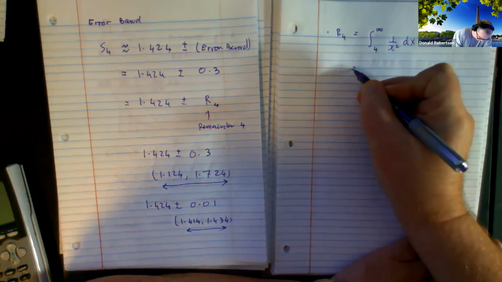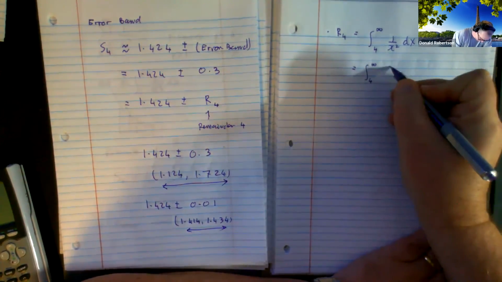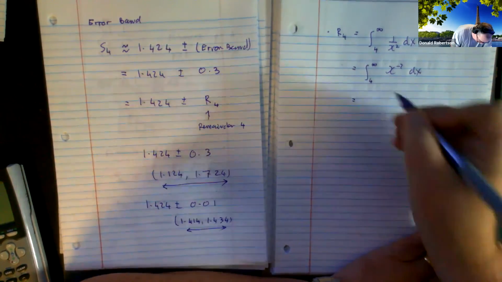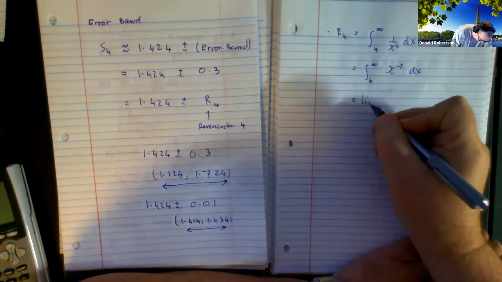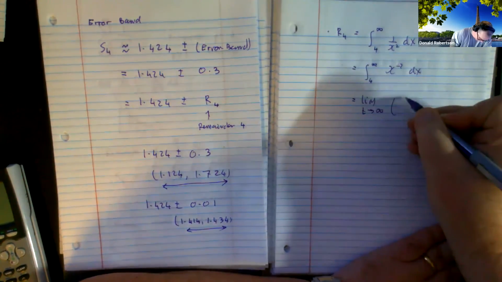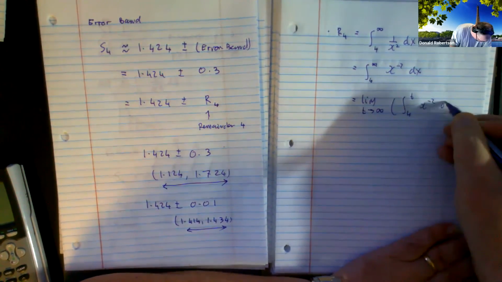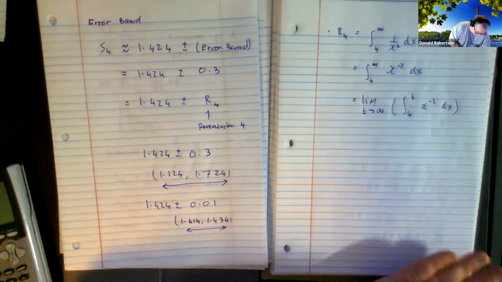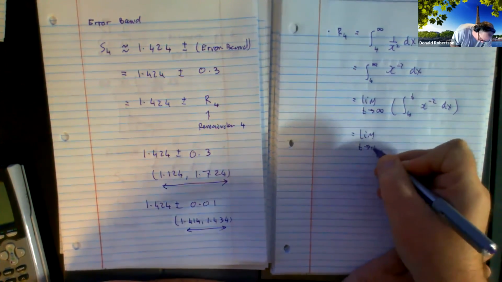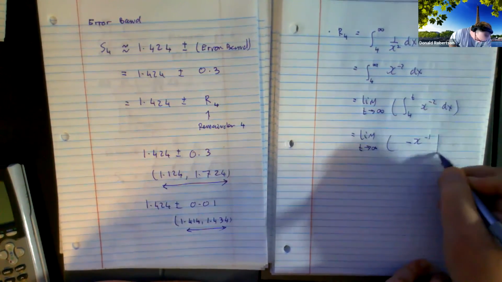So if we take this integral, it's going to be that. And that is going to have to be done using the limit as t tends to infinity again because of this. And this is now going to be the limit as t tends to infinity of add 1 to the power and divide by the new power.